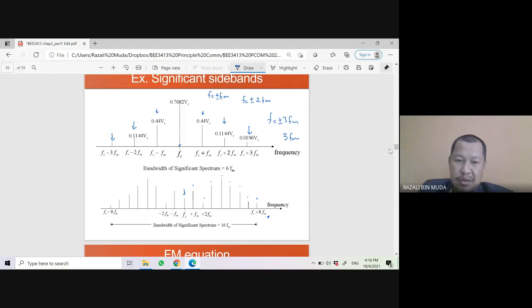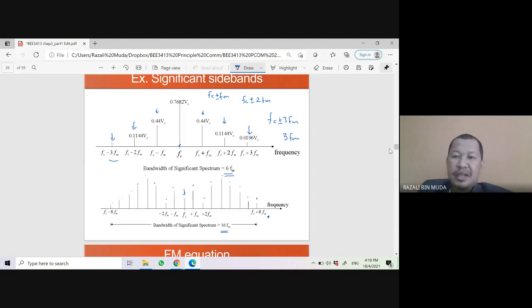Here is the same, 1 to 8. The spectrum bandwidth is 16 FM, 8 plus and 8 minus.